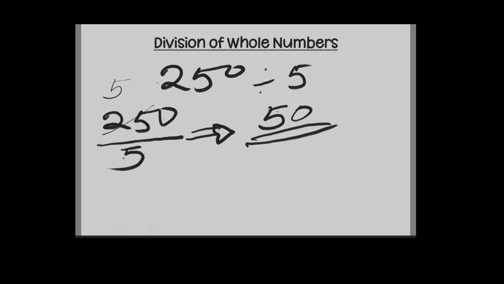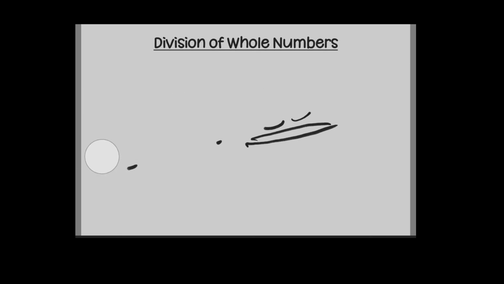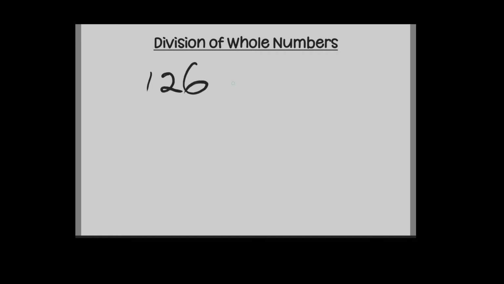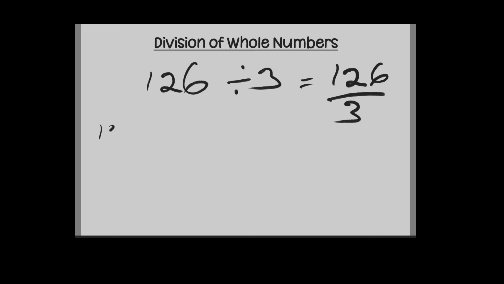But what if you're given an example? For example, you actually divide 126 divided by, say, 3, for example. So you write that as 126 divided by 3. So let's do that example. 126 divided by 3.